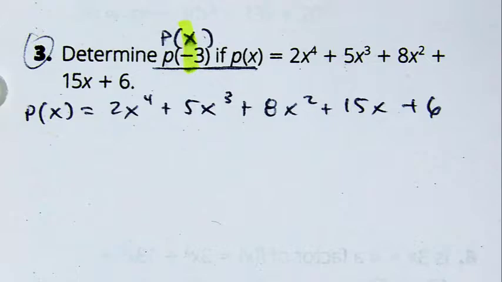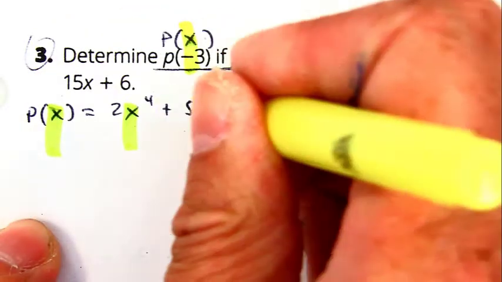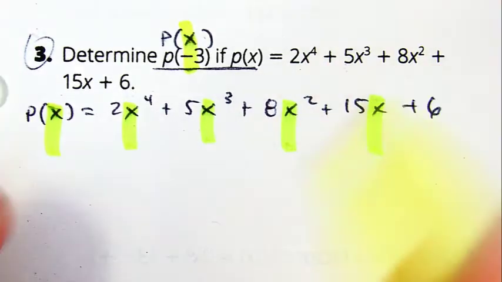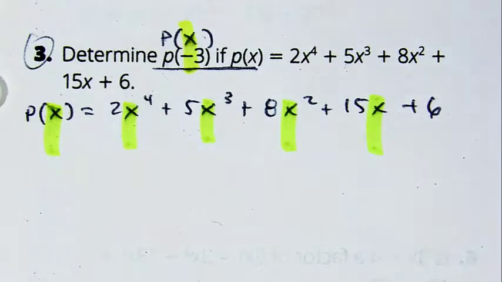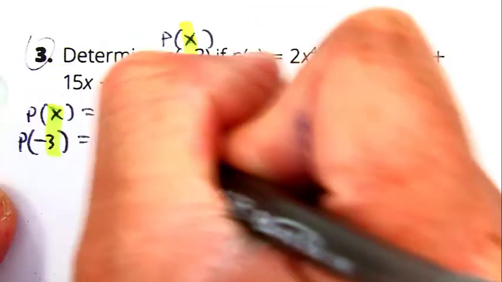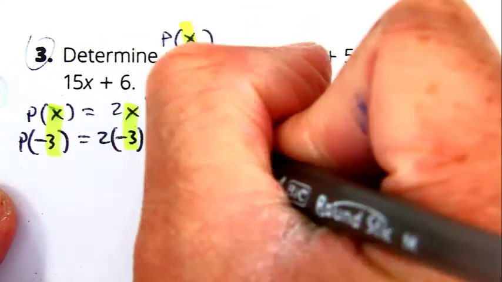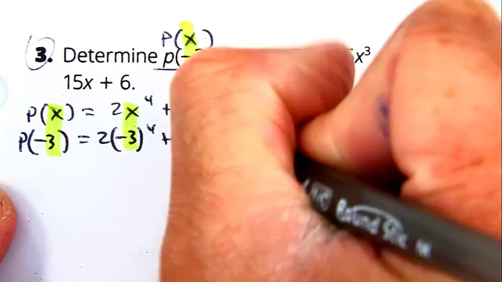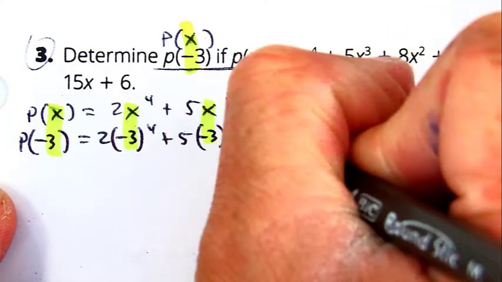And basically every x value is going to be what? Negative 3. So every x value now I'm putting in as negative 3.